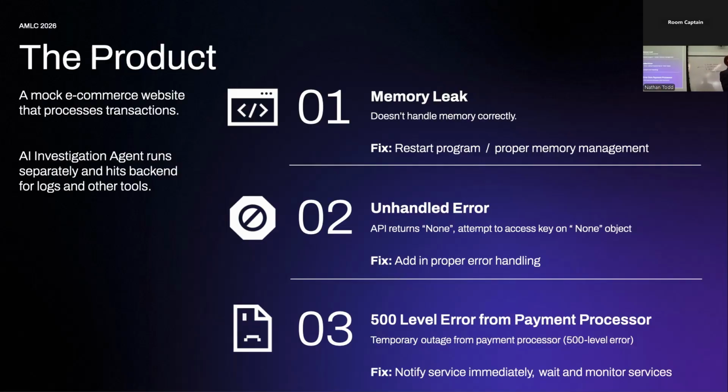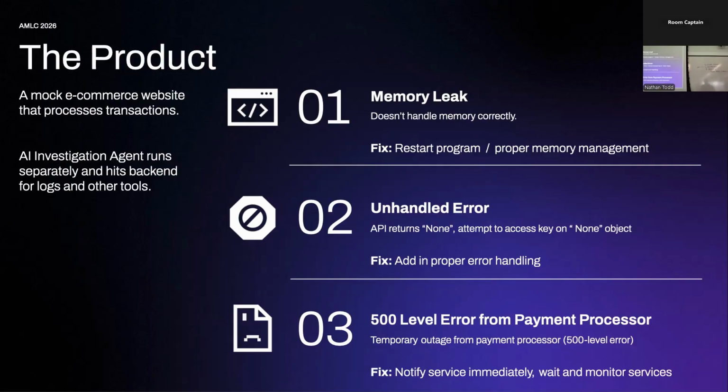In addition to coding that basic functionality, I also coded up the ability to inject error types. So you can pick a certain error type, and then you'll see the error pop up as you transact, and then you can use that to test our agent. The three error types that I've coded in are, number one, a memory leak.